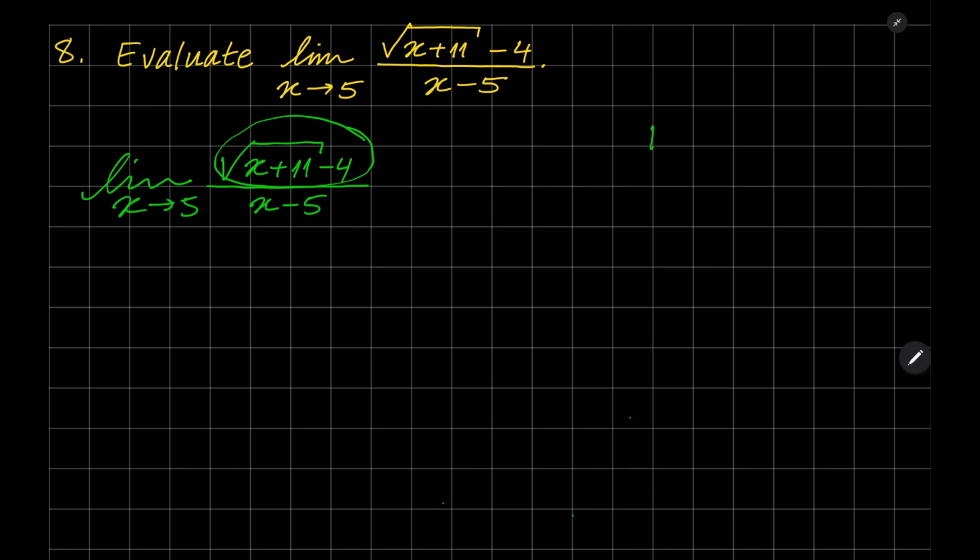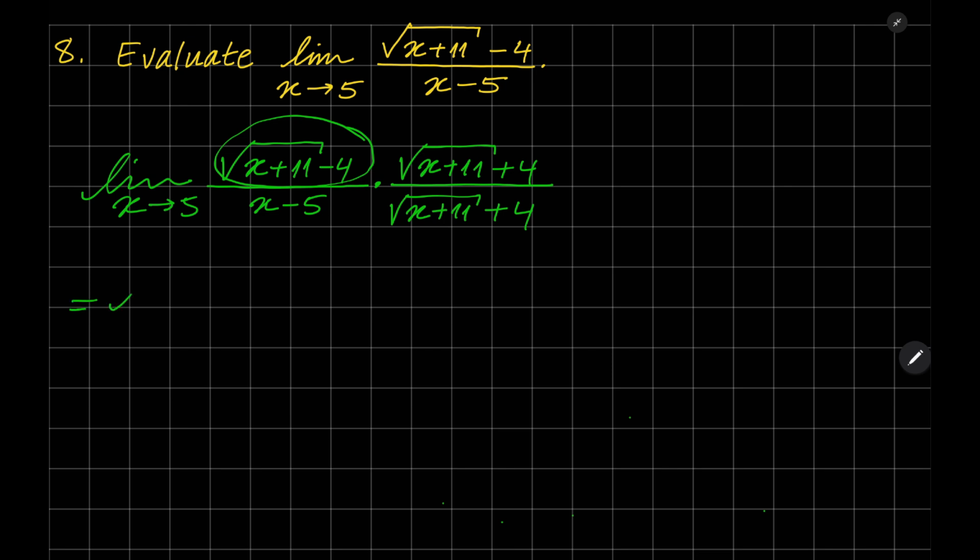The conjugate of a minus 5 is a plus 5, okay? Then multiply it by root x plus 11 plus 4 over root x plus 11 plus 4.